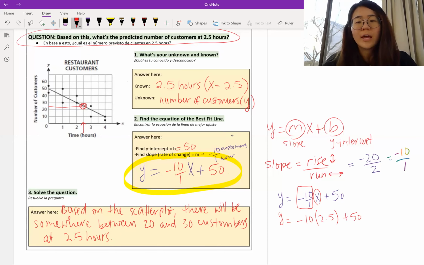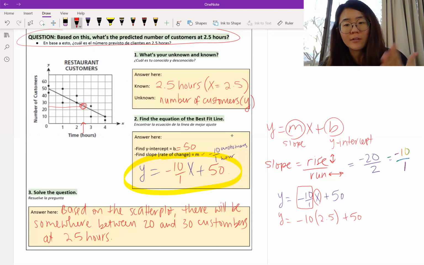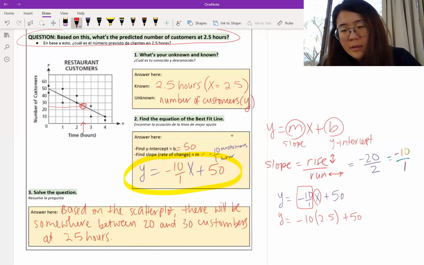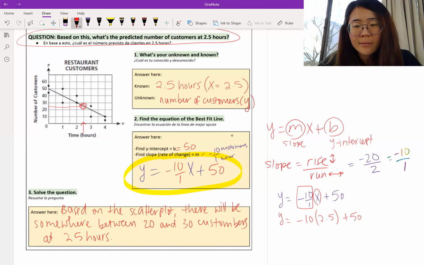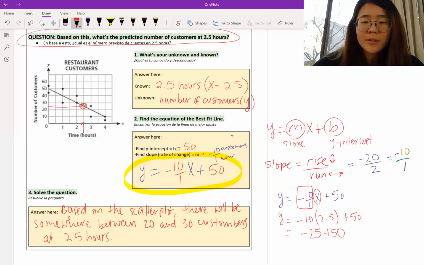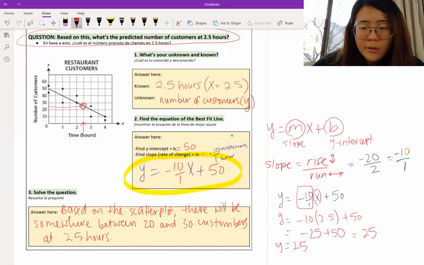So I know that I have to multiply whatever the x value is by our slope, our rate. So negative 10 times 2.5 is negative 25, plus 50. Negative 25 plus 50 is 25. So that means y is equal to 25 when x is equal to 2.5.